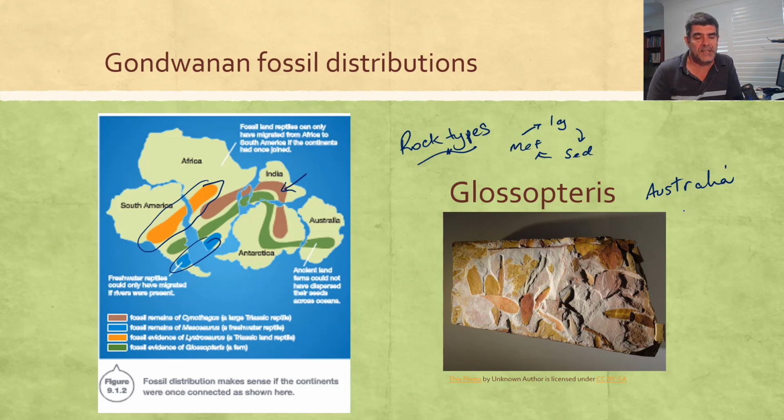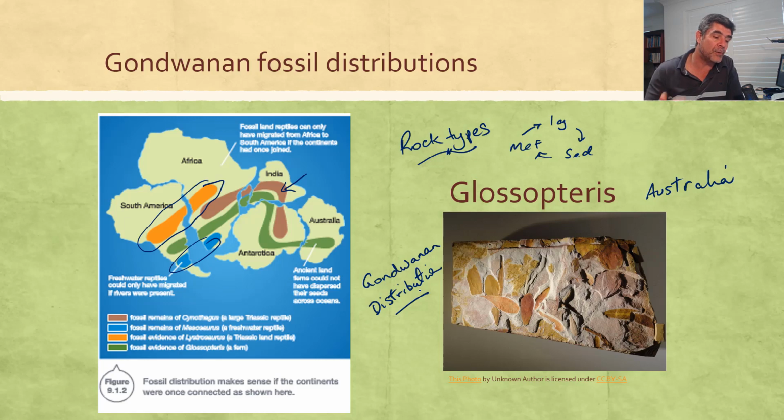This particular species has a huge distribution, what we might call a Gondwanan distribution, because we pretty much find it in the rocks of all of the continents that were once part of Gondwana, assuming that we accept continental drift. So this provides very strong evidence to support this idea that the continents were originally stuck together and then drifted apart at some point in the past in order to be in their current geographical positions today.